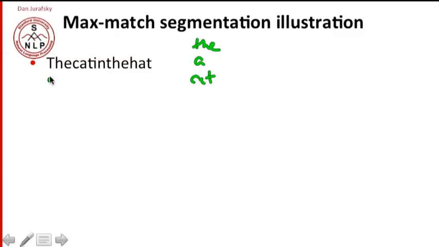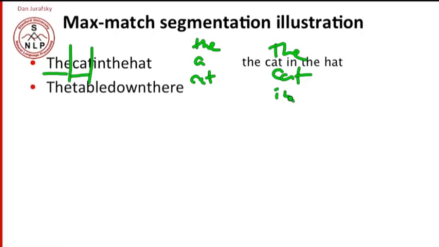The longest word is the, because t is not a word and th is not a word, and so on. So we'll start with the, and now we say what's the longest word starting with C, and the longest word is cat. Now we say what's the longest word starting with the I, and so on, and we do a good job. How about the phrase the table down there?